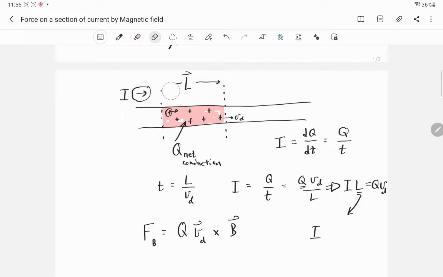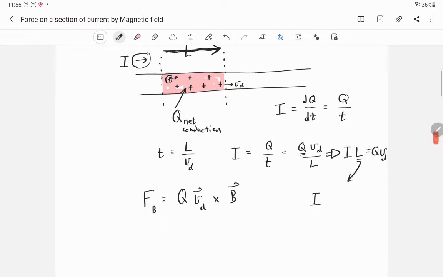So I'm going to erase the fact that L was just a length of a section of wire, and I'm actually going to identify L as a vector that represents the direction of the wire carrying the current. So that matches each of these little V sub D arrows, the little drift velocity vectors.